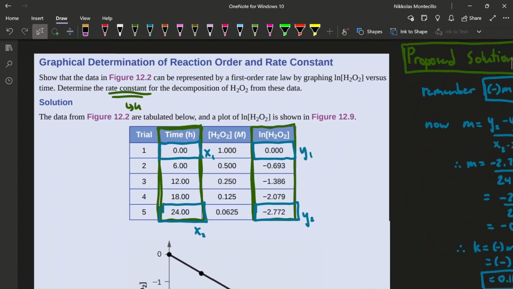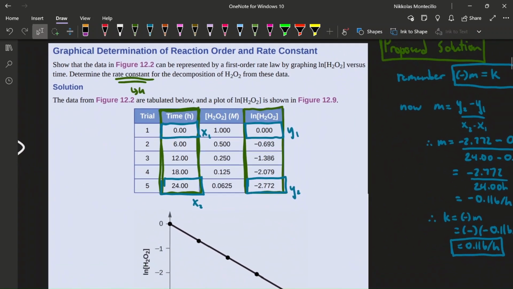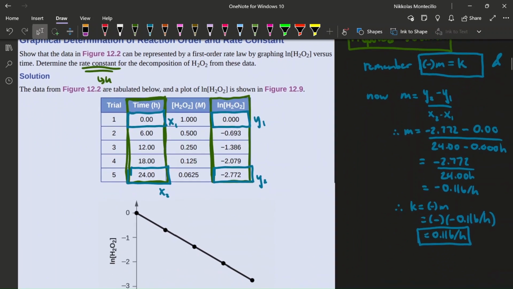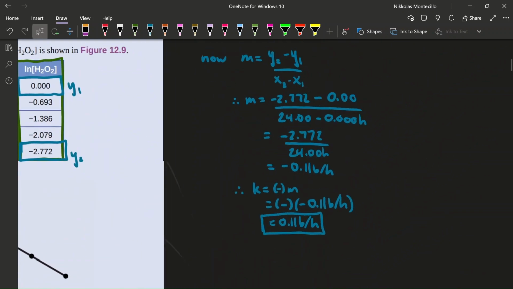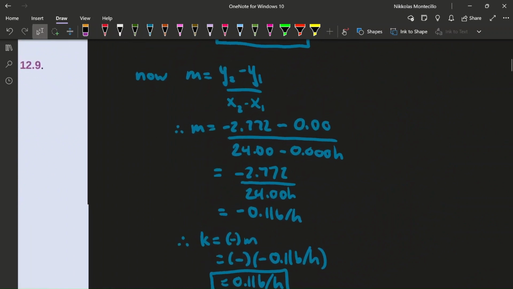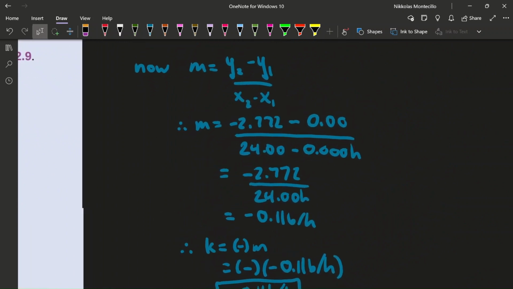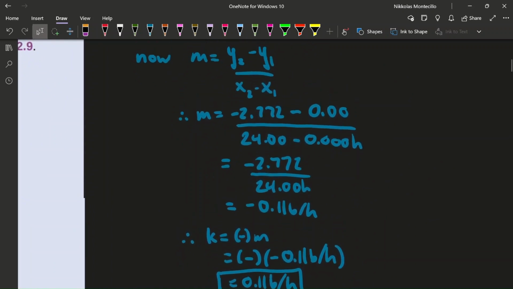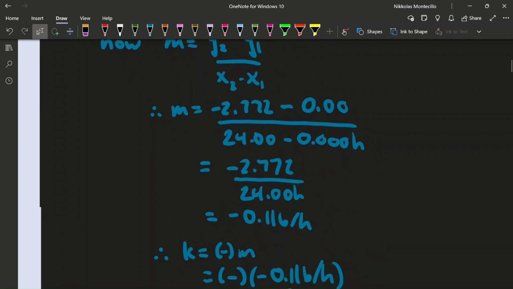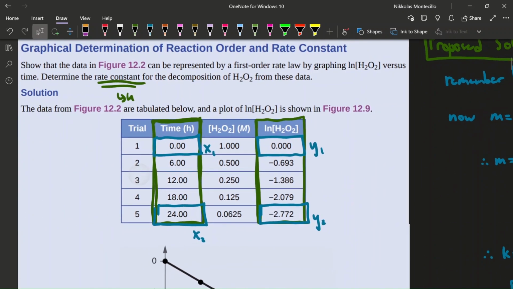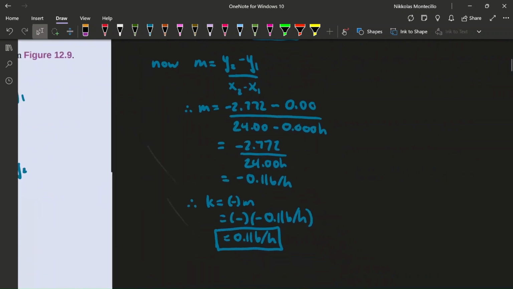As you can see here, I've already determined the values of x2, x1, y2, and y1, right? Plug in the values here and calculate the final answer. What you're left with is the slope being equal to negative 0.116 per hour, because the units of time are presented in hours.